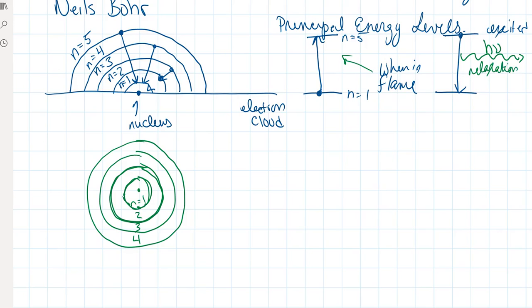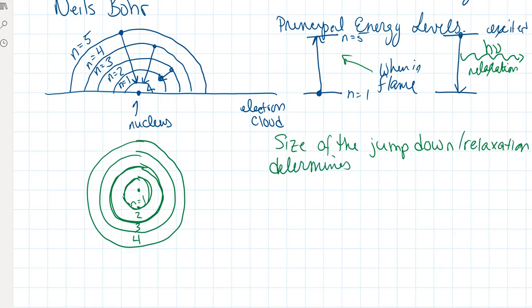The other thing that was really important is that Niels Bohr said, I think the size of the jump, or in this case, the size of the relaxation, determines the color. And when he plugged this in, he found out that this was actually correct, because this transition between the 3 and 2 level gave off red light with a wavelength of 657 nanometers.